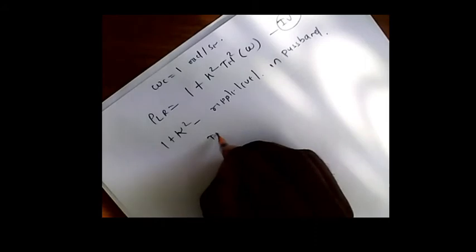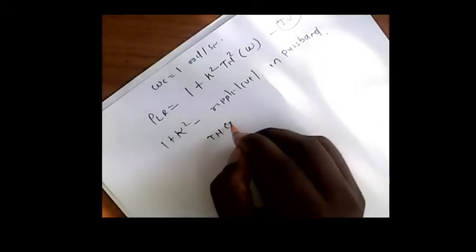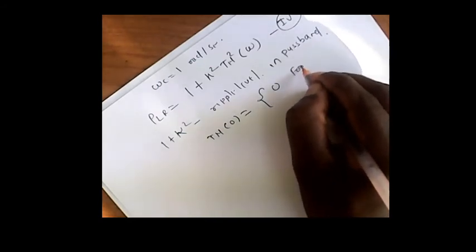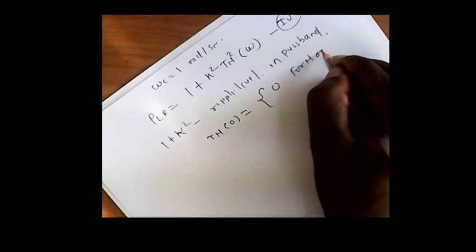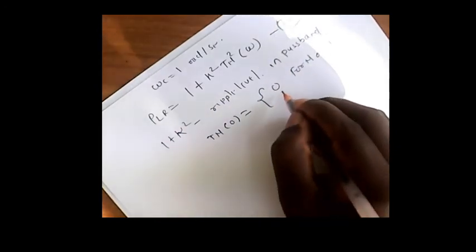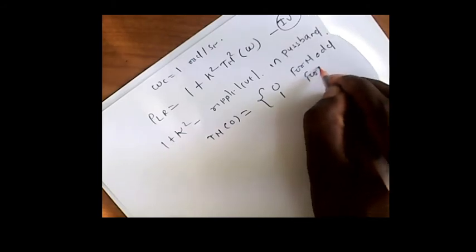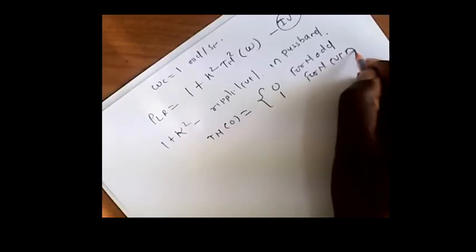The property of the Chebyshev polynomial is that Tn is equal to 0 at omega equal to 0 when n is odd, and Tn is equal to 1 when n is even.